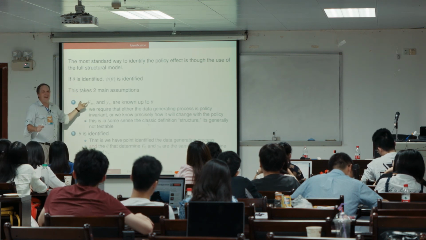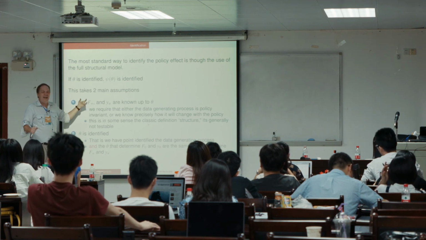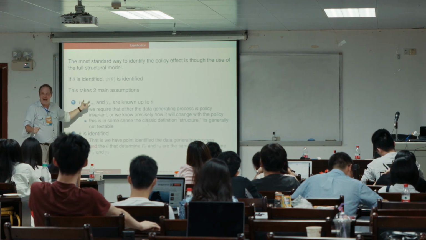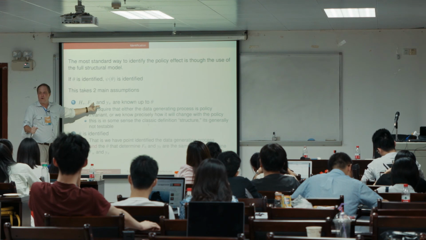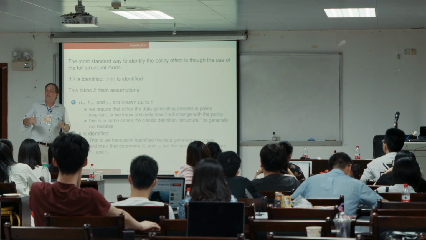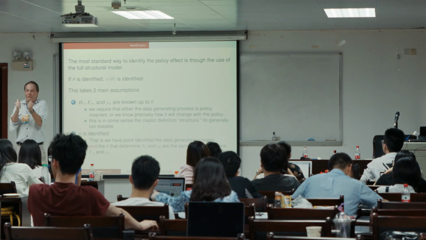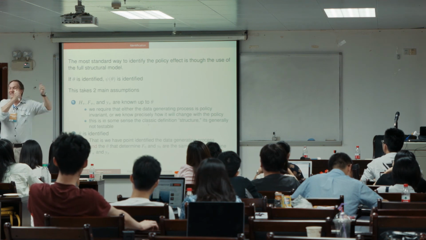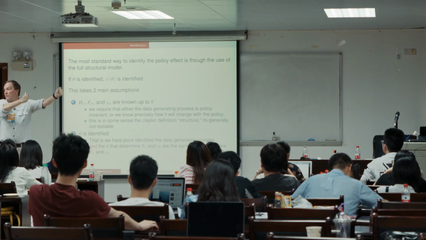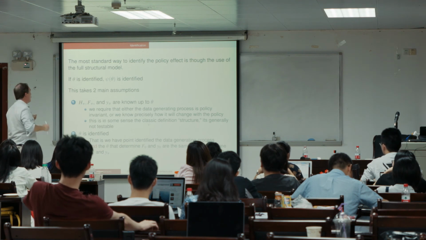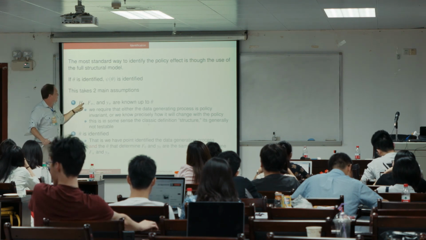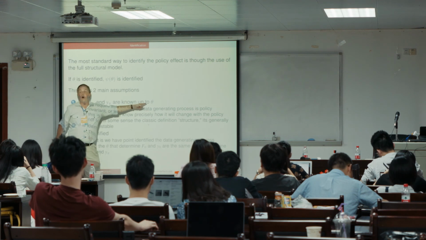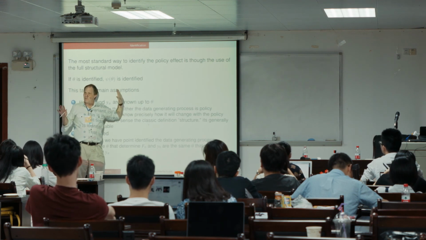This is essentially what I'm going to mean in this set of lecture notes, today, by structure. I have enough structure that, given that I know the current model, I can say what would happen if I change the policy. So I need enough structure on the model so that this thing, and this thing are known up to theta. Okay, does that make sense?